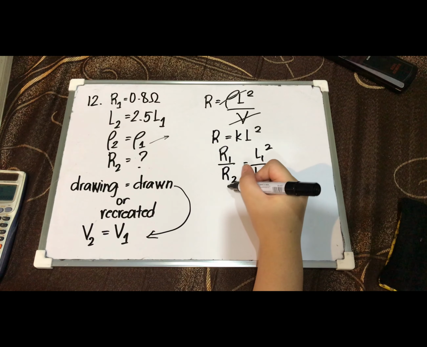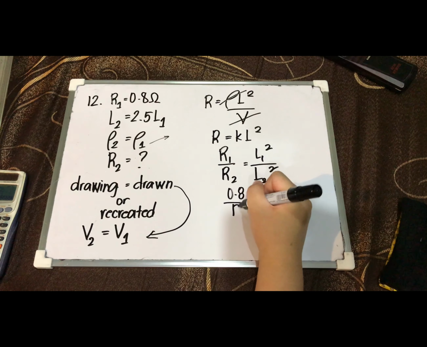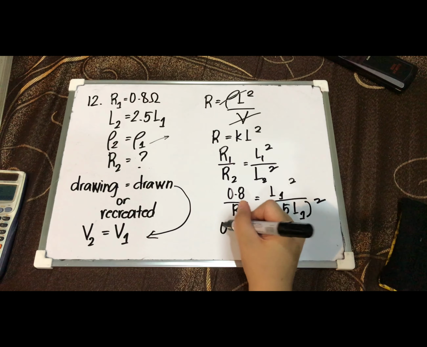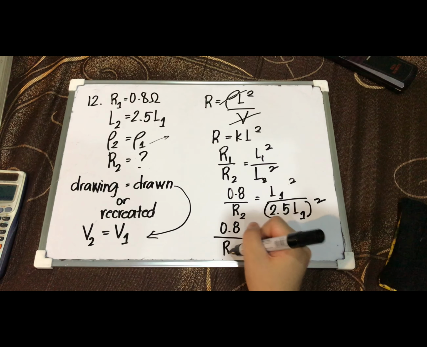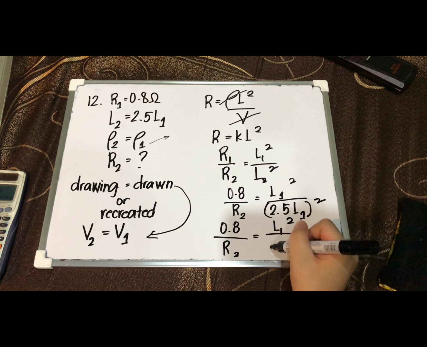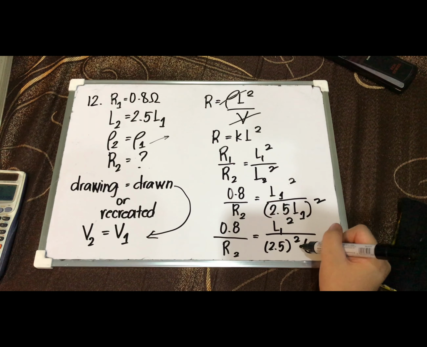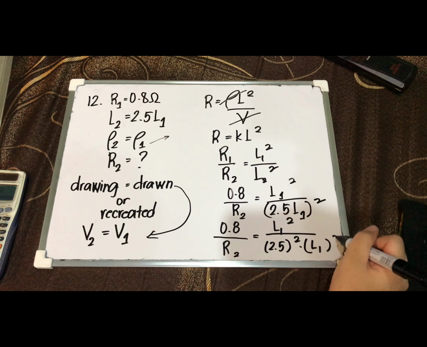So, R1 is 0.8, R2 ang unknown, ang L1 natin, yun yung original value, ang L2 natin ay 2.5 times L1 squared. So, 0.8 over R2 is equals to L1 squared over 2.5 squared times L1 squared.